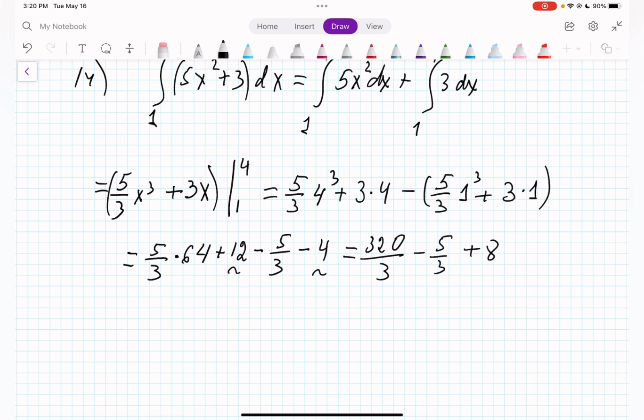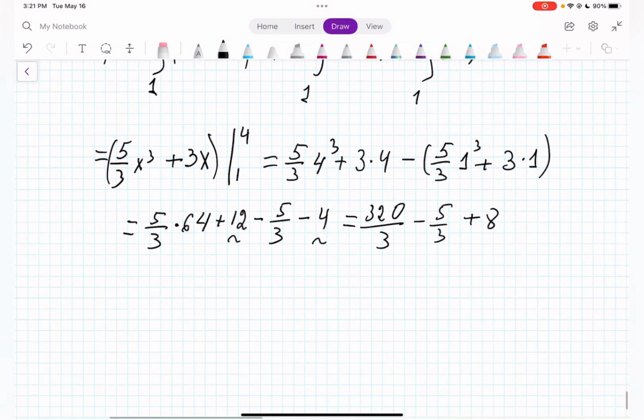20 over 3 minus 5 over 3. And I have here 8. I don't know if I should leave it 8 just like that or convert. Maybe let's do 3 also here, 3 here, 3 here, bring to a common denominator. Okay, but very important to notice here, since we don't have an equation, we do not dare to drop the denominator, okay?